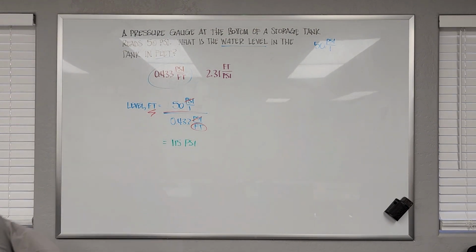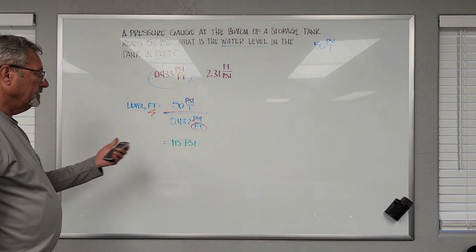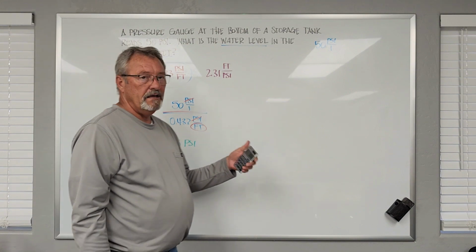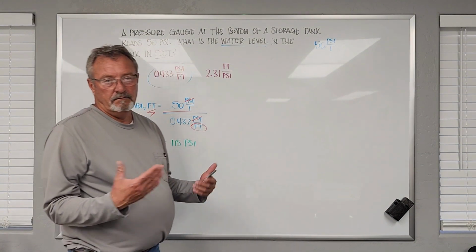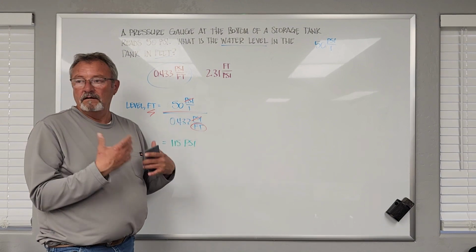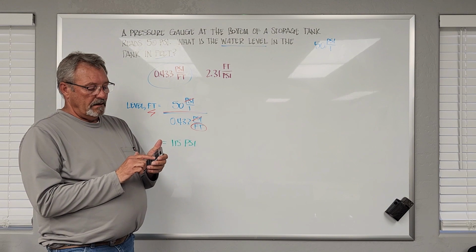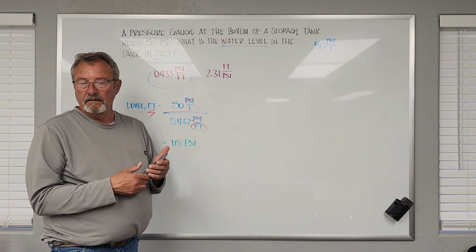Now, what would have happened if I divided 0.433 by 50? If I did it the wrong way, I'd get this really crazy number, 0.00866, which we know, just by common sense, just by being in the industry, we know that 50 PSI is a lot more than 8/1000ths of a foot.